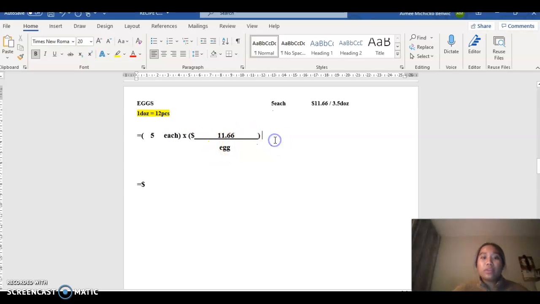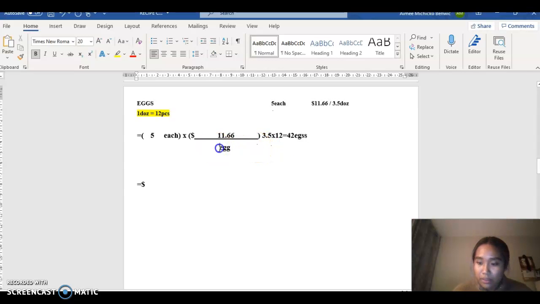We have to convert dozen into pieces, the individual number of eggs. So 3.5 multiplied by 12, because we all know that in 1 dozen there are 12 pieces. This is where I get the 12. That gives us 42 eggs.